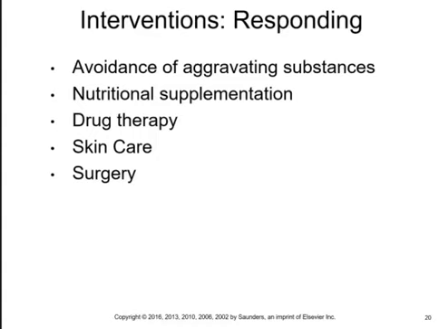For interventions, we're going to avoid any aggravating substances, so alcohol, fatty diets, caffeine, and dairy. They may need enzymatic replacement, water-soluble vitamins like vitamin B complex and folic acid, and then the fat-soluble vitamins A, D, and K. For minerals, they may need calcium and magnesium.